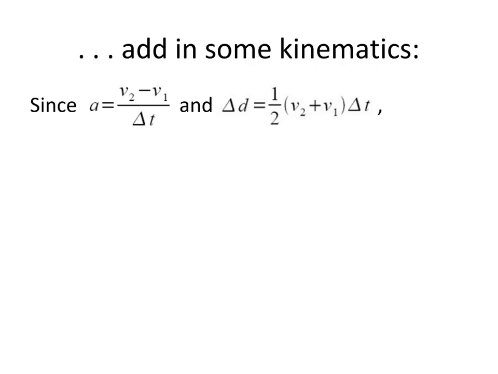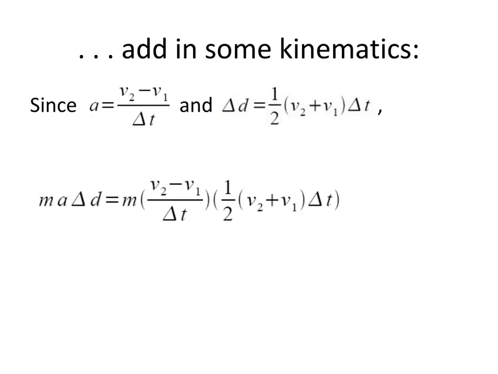Using our kinematics equations, we know that acceleration is equal to v2 minus v1 over delta t, and we know that displacement is equal to 1/2 times v2 plus v1, all times delta t. So those are two of our 5 equations of motion from kinematics. So we can substitute those expressions in for acceleration and delta d.